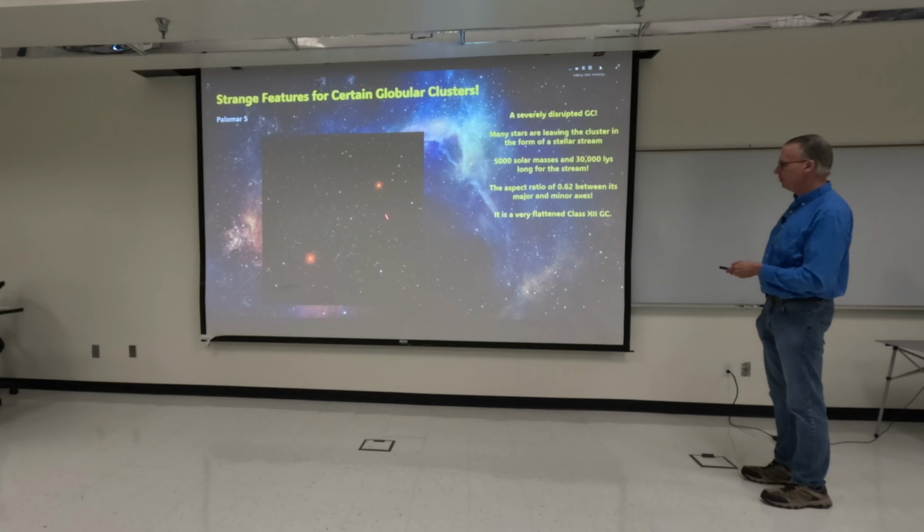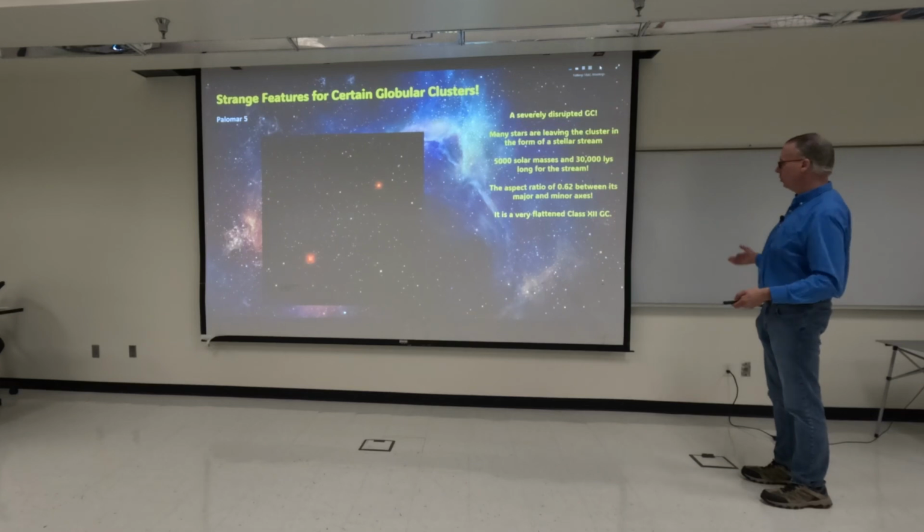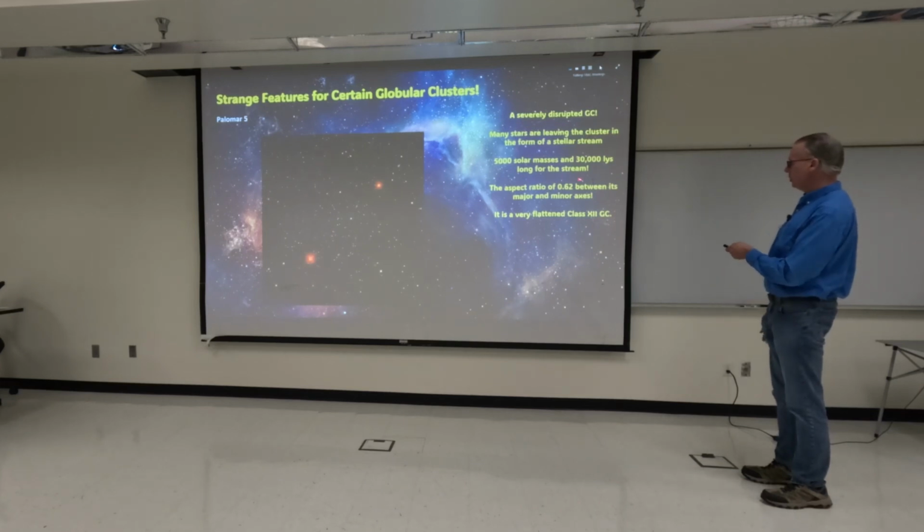This is Palomar 5. It's actually better when we don't have the lights shining. You can see more of the stars, but this has a stellar stream that's a lot larger than the globular cluster. It's about 5,000 solar masses of that globular cluster that's now in a stream 30,000 light years long. So it's literally being pulled apart. And it has an aspect ratio of 0.62 between the major and minor axes.